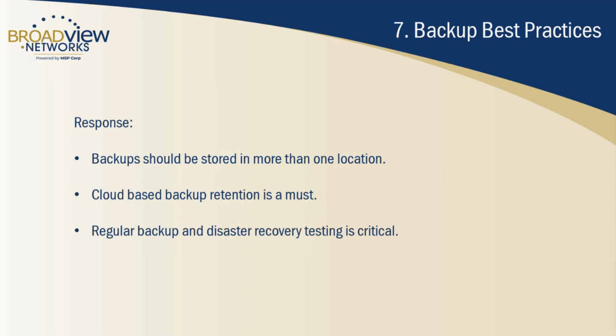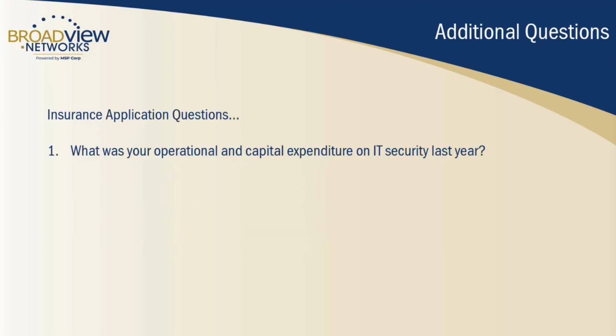So those are the 7 items that we've seen most consistently over the last 2 to 3 years. In the last year, we've seen some additional items come into play. One item is, how much are you spending on cybersecurity, and do you anticipate spending more, the same, or less?